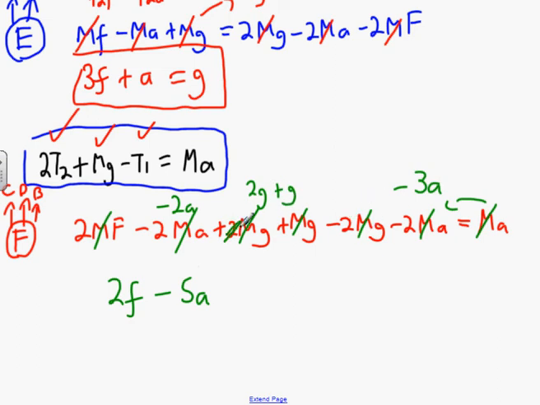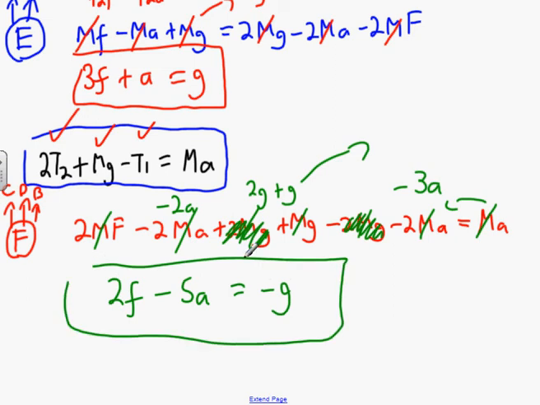Alright, 2 of them just cancelled each other out anyway. And that's just going to be plus G, yeah? Move that G over to the other side. Minus G. Equation F from equation E.